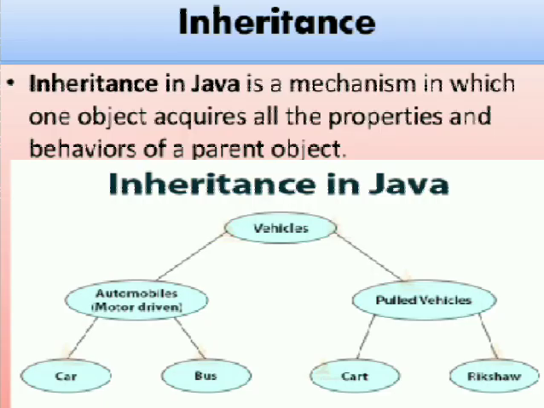Let us quickly review. What is abstraction? Abstraction is hiding the implementation details from the user. Encapsulation means binding up of data in a single unit. As per the rule, that single unit is known as the class. What is polymorphism?